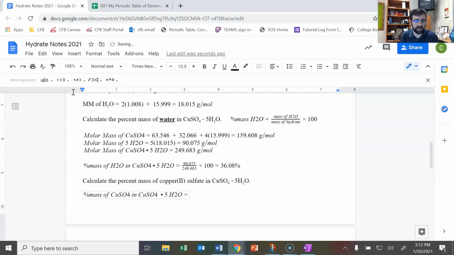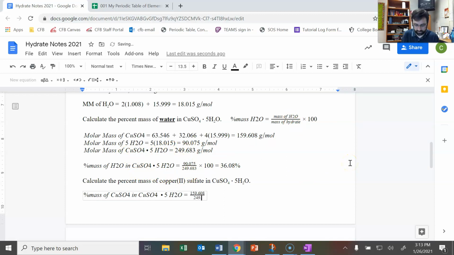The way we're going to find that is by making a fraction. We're going to put the component I'm looking for, which is copper 2 sulfate, 159.608. It's the molar mass that comes from copper 2 sulfate, divided by the mass of the hydrate, which is 249.683.